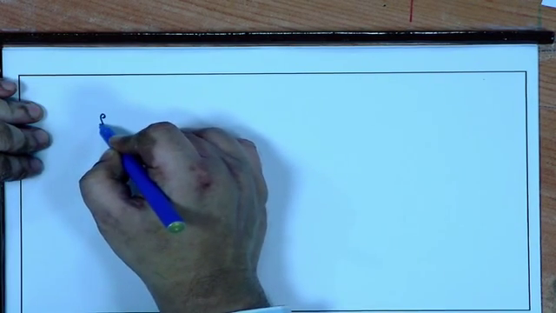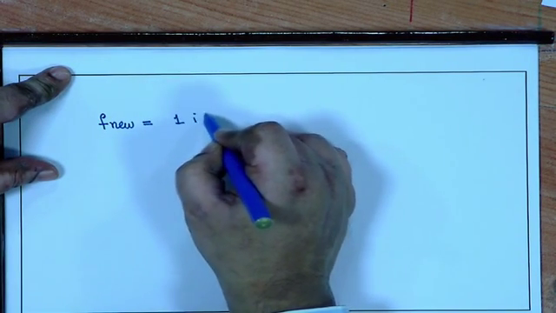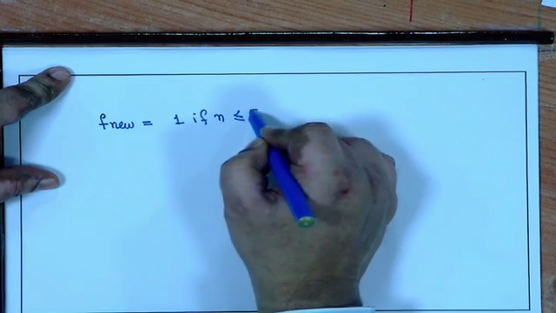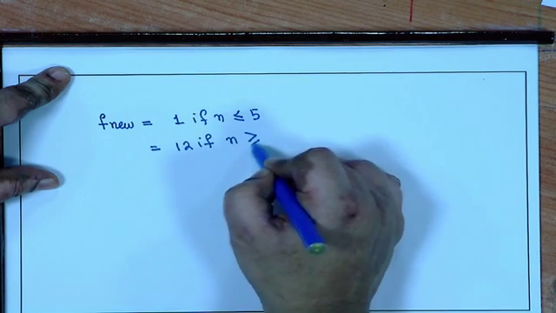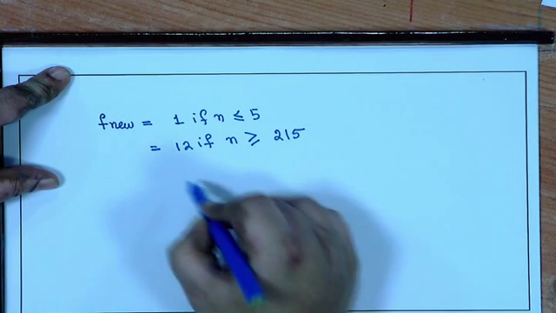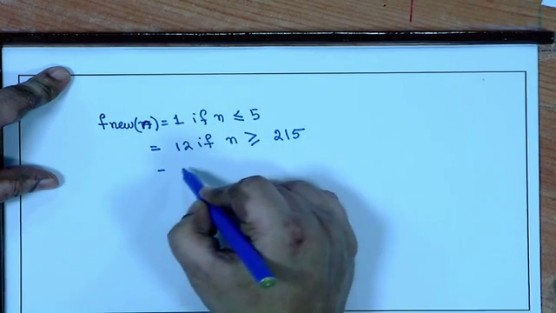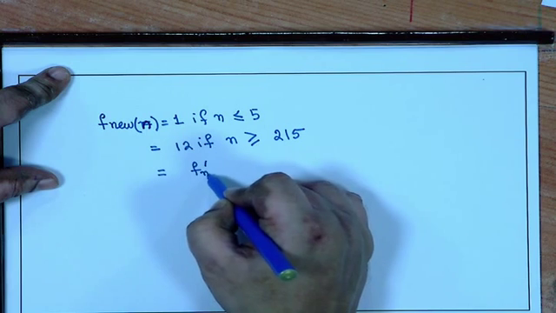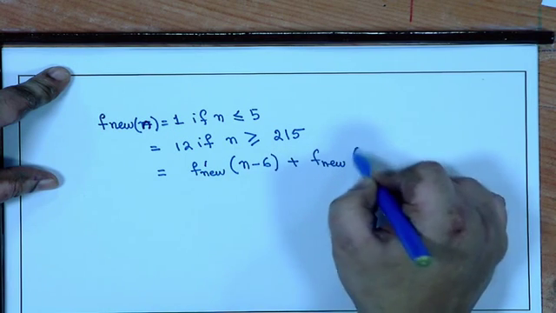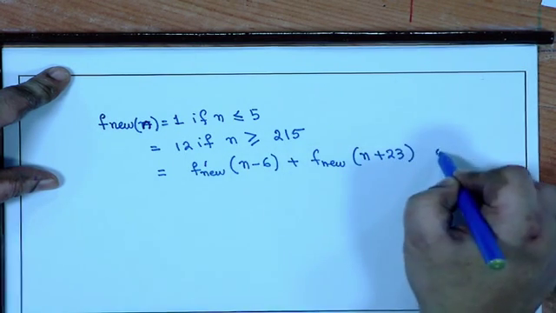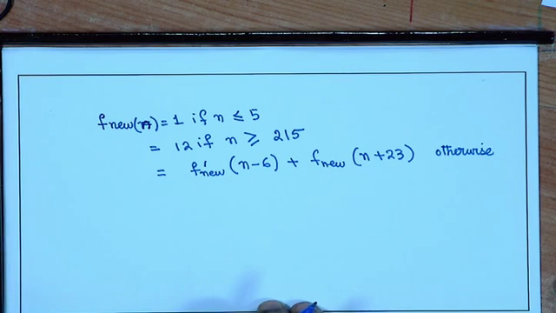I tell you f_new(n) is equal to 1 if n is less than or equal to 5, is equal to 12 if n is greater than or equal to 215, and otherwise f_new(n) is equal to f_new(n minus 6) plus f_new(n plus 23). Now you are in trouble.